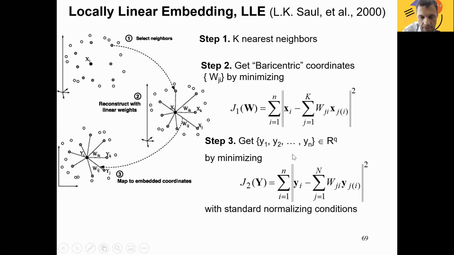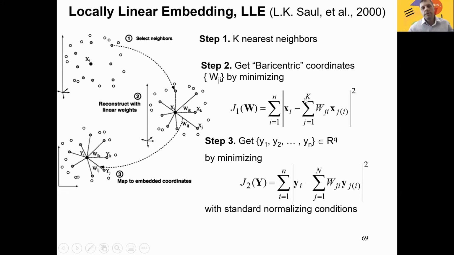And the last step is that we fix barycentric coordinates and we minimize this functional with respect to lower dimensional vectors y. So we would like to define for each point from the data set its lower dimensional projection y, such that this projection has the same barycentric coordinates for its k nearest neighbors as in the case of the full dimension.